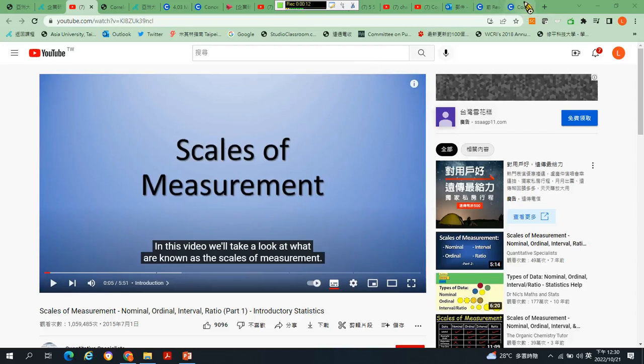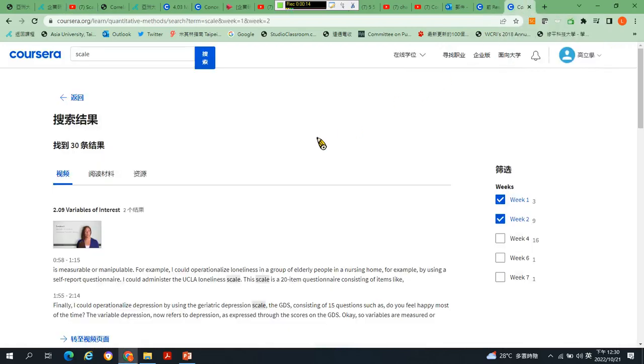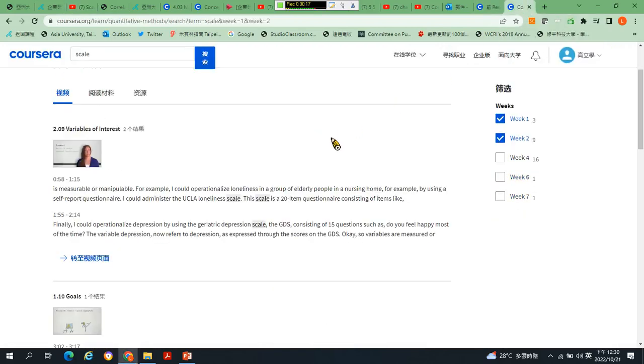However, sometimes when we use this word, that may mean a measure. Why do I say this? You can see here, this scale is a 20-item questionnaire consisting of items like.